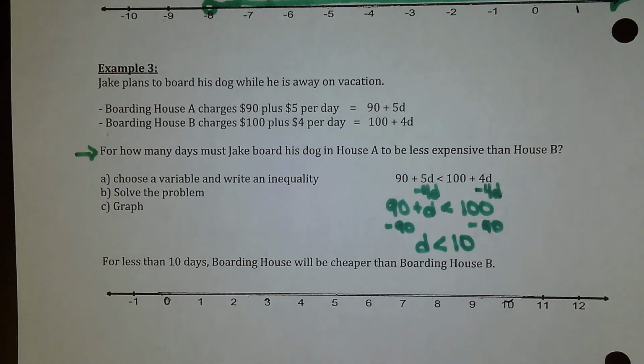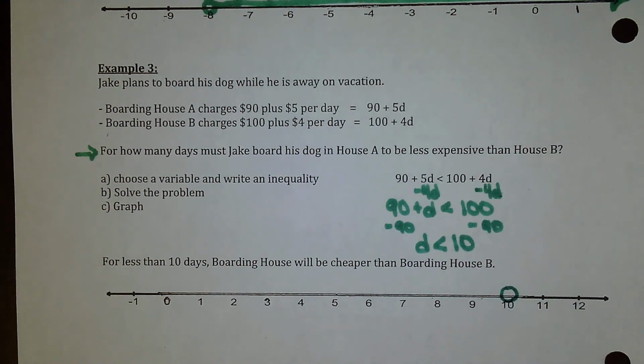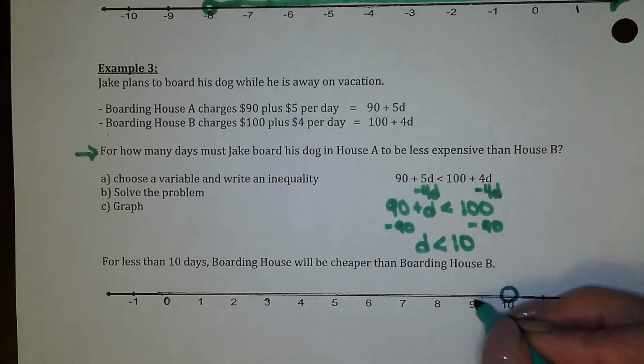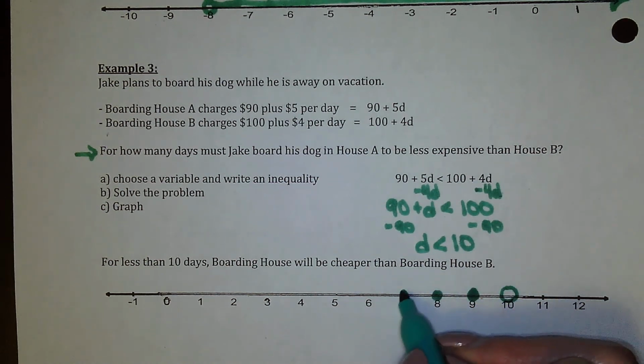Now, because they're going to charge by the day, this is a situation where, if you'd like, you can put the open circle there, or not, but we're just going to have days.